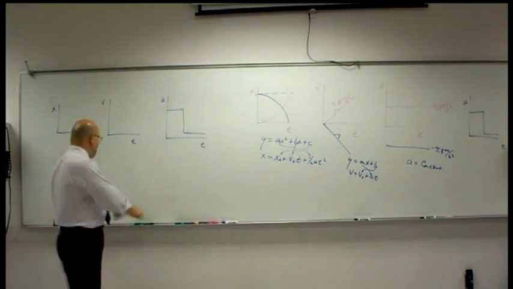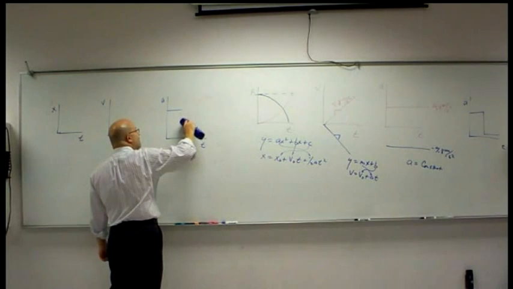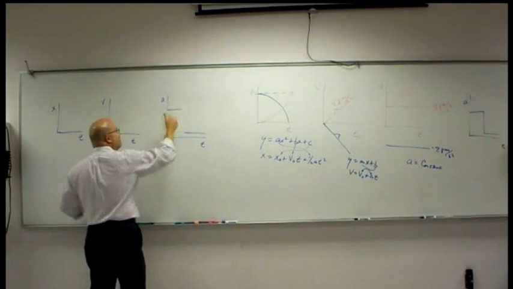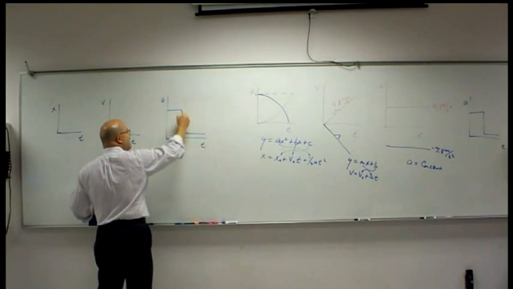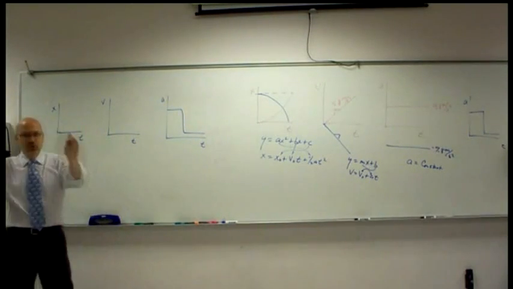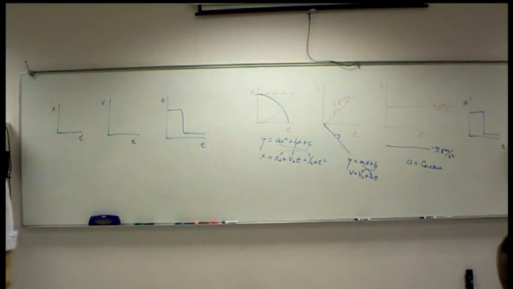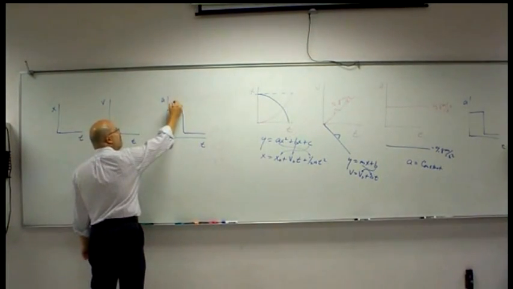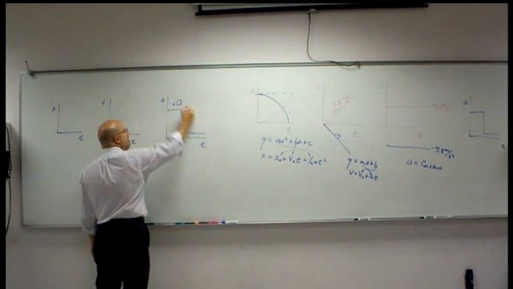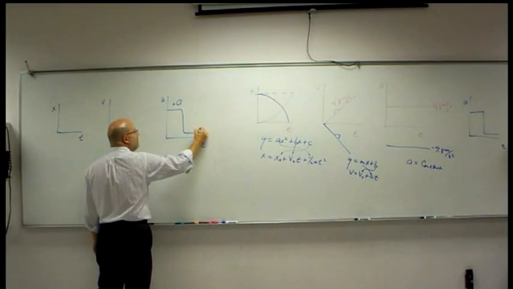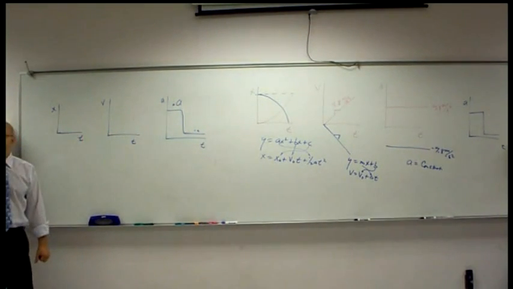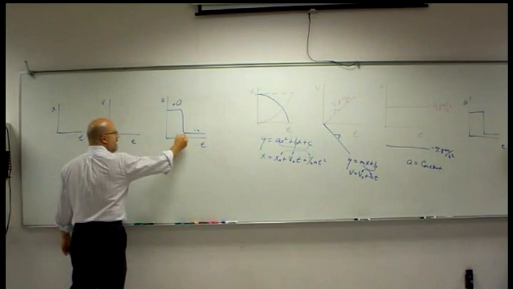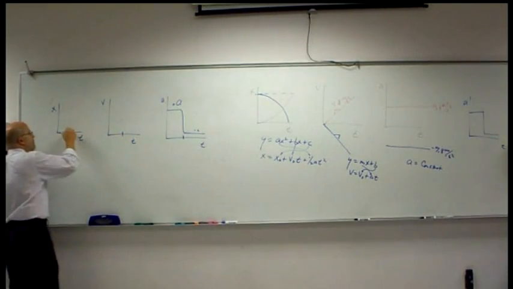In the real world, and sometimes on tests, they'll ask you to sketch this, and you remember from last year, this is kind of a smooth transition, right? But we'll assume it occurs over a very short period of time. So we have a positive acceleration here, and a smaller positive acceleration here, and here's our break time, there, and there.